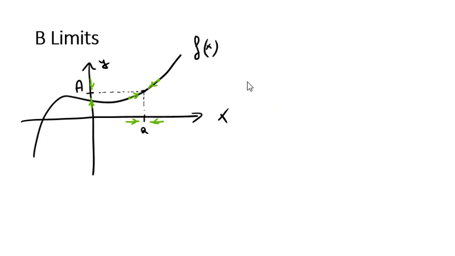The notation is, we write it like lim as x approaches a of f of x is equal to A. Okay, so the limit is A. This limit is not necessarily equal to f of a.